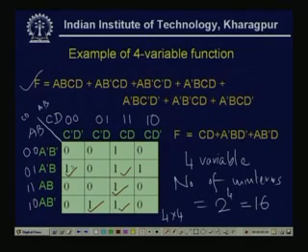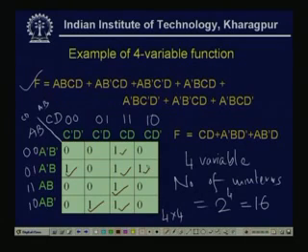So, this is the 5th min term. And a dash, b dash, c, d: a dash, b dash is the 1st row and c, d is the 3rd column. Then a dash, b, c, d dash: a dash, b is my 2nd row and c, d dash is the 4th column.